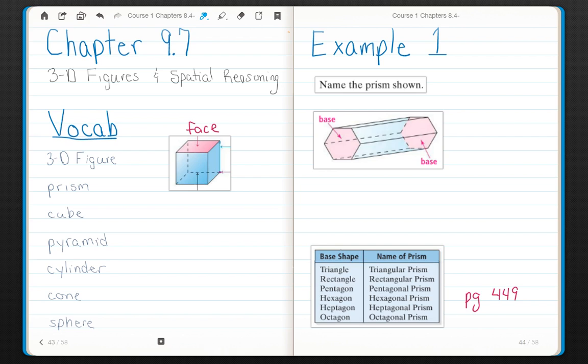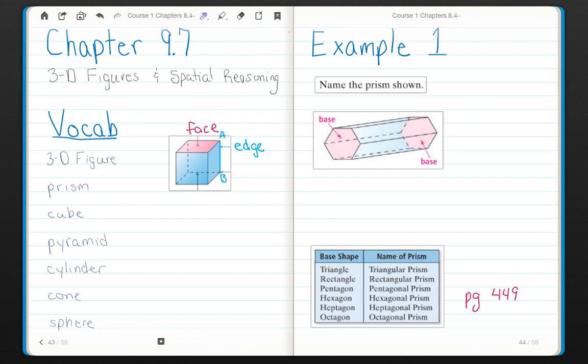The line here, connecting, or where two faces meet, is called an edge. Okay? That edge forms a line. If I was to name this line, this A and this B, this would be line AB, and that line is an edge.